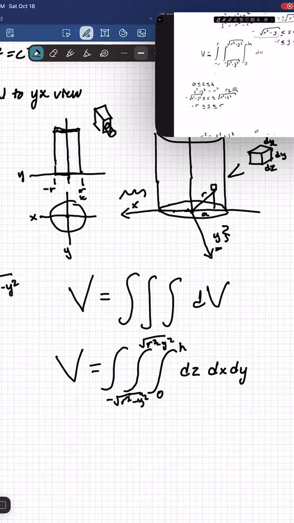The bounds of x contain y, right? And so you can't get rid of y when you have it later on. Is that okay? And then y would be negative r to r.